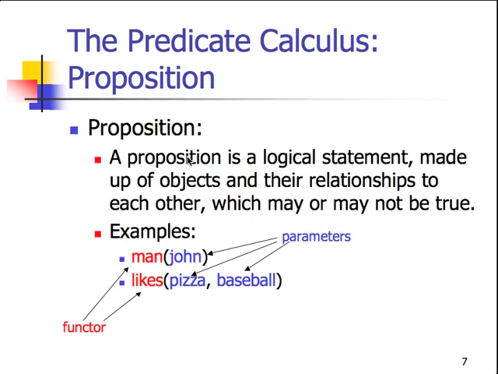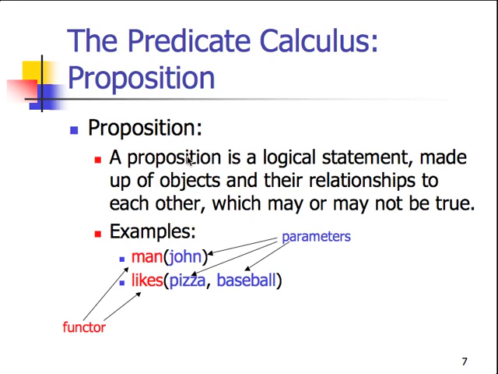In terms of the predicate calculus, we've got the proposition. The main base is the proposition. A proposition is a logical statement made up of objects and their relationships to each other, so it may or may not be true. As an example here, we have man(John), and then likes with pizza, basketball, or baseball.